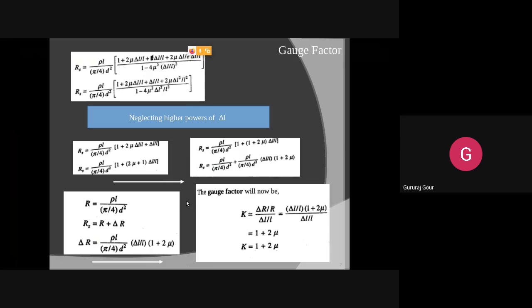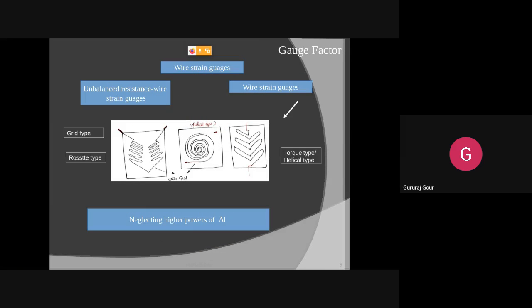So far we discussed unbonded and bonded strain gauges. Getting back to the classification of strain gauges, here again we have wire strain gauges. In wire strain gauges, we have three different subtypes. The main feature of these wire strain gauges is that very fine and thin wires are used, in the form of a grid, rosette, or helical form.